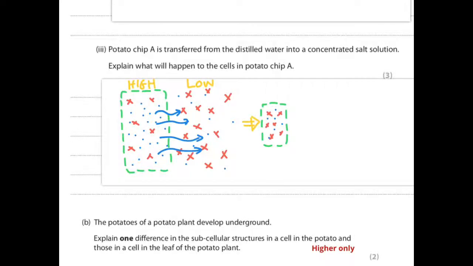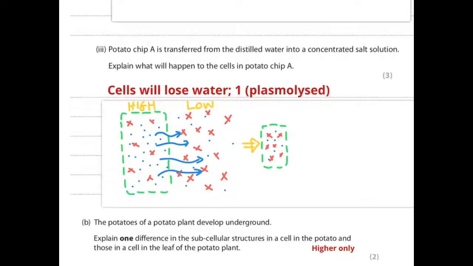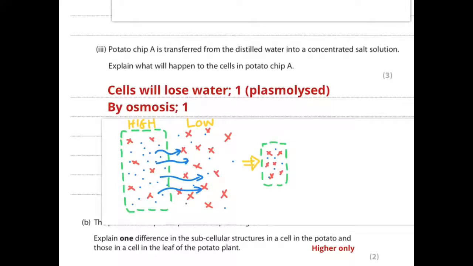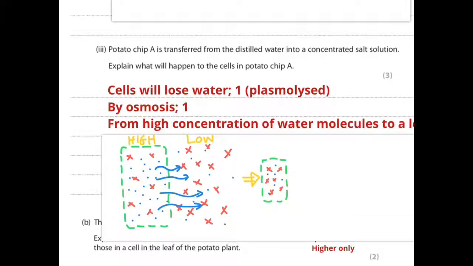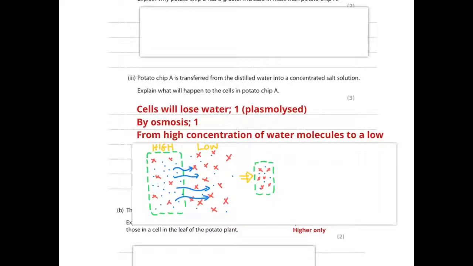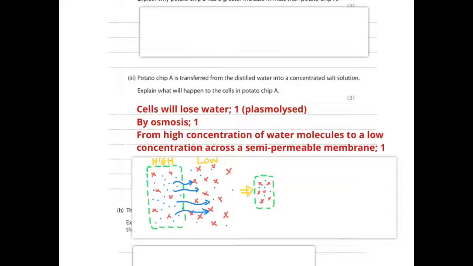So what will happen? The cells will lose water. They'll become plasmolyzed. That's the word. They'll lose water by osmosis for another mark. Remember, if you're talking about water moving, you must mention osmosis. It's that important, you get a mark for it. From a high concentration of water molecules to a low concentration across a semi-permeable membrane. So you're basically just defining what osmosis is.